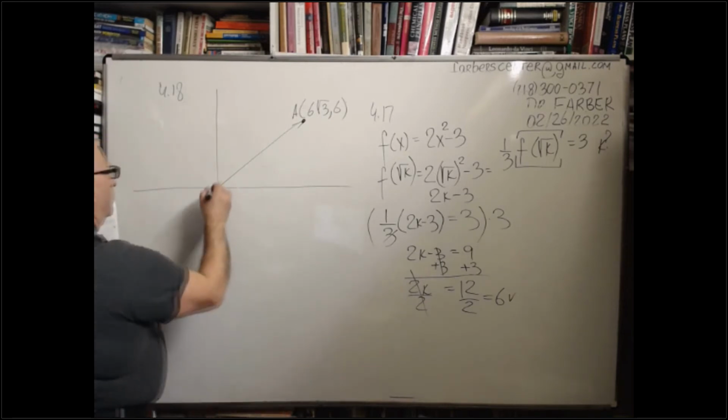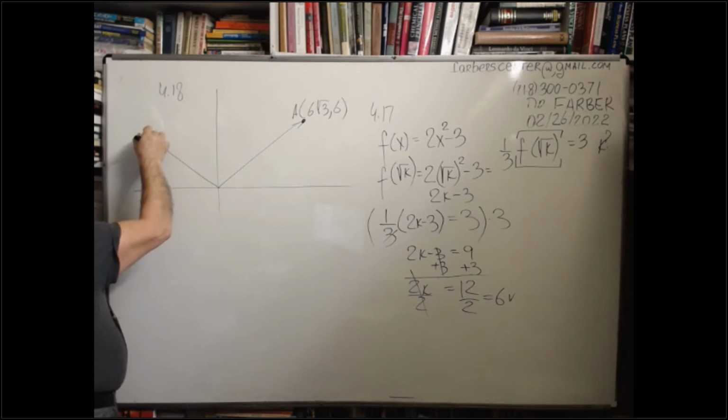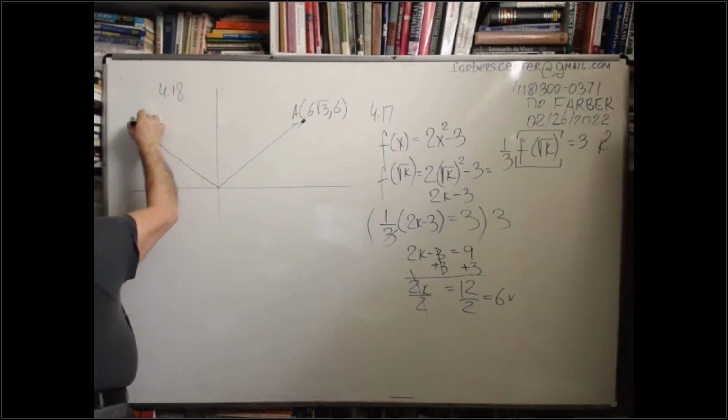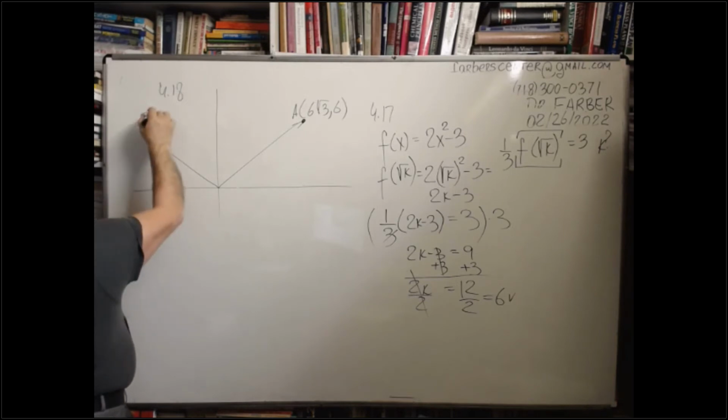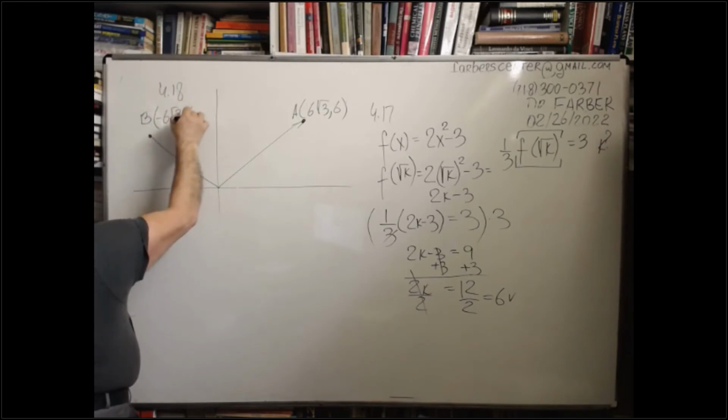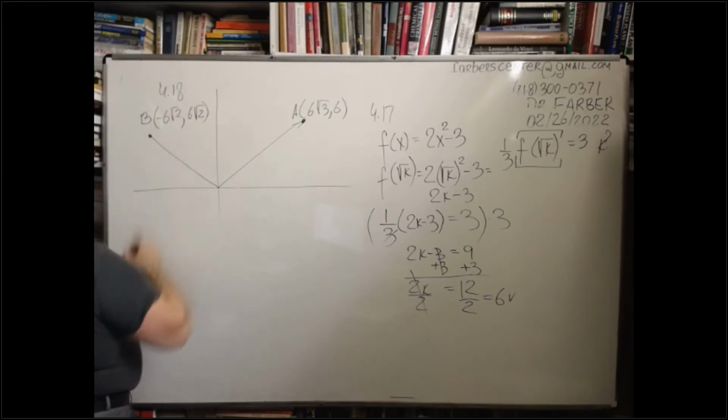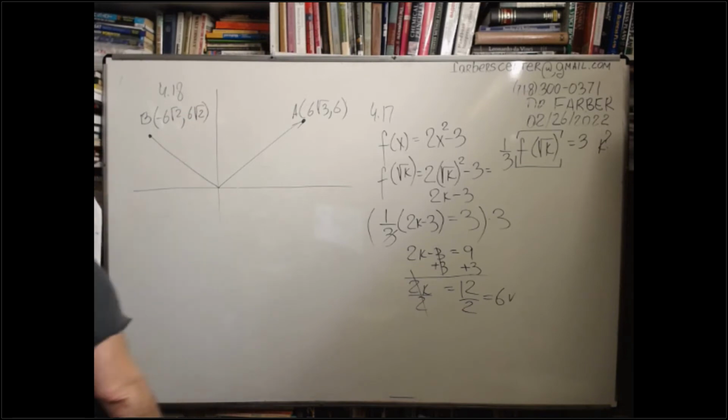Another ray, this is B, which is (negative 6 square root of 2, 6 square root of 2).